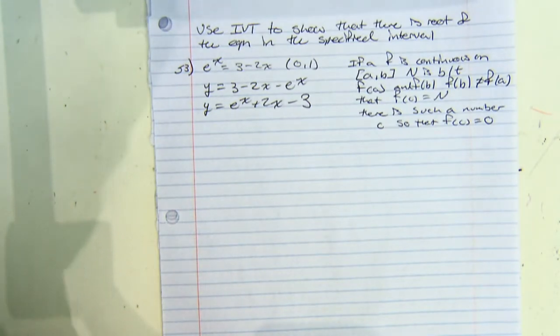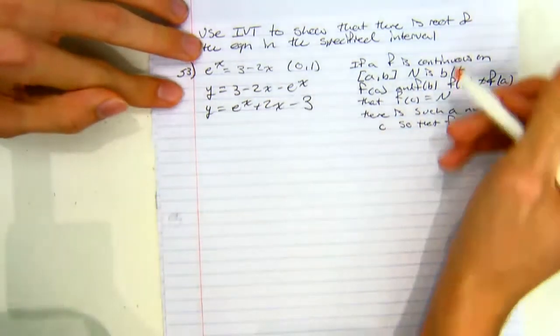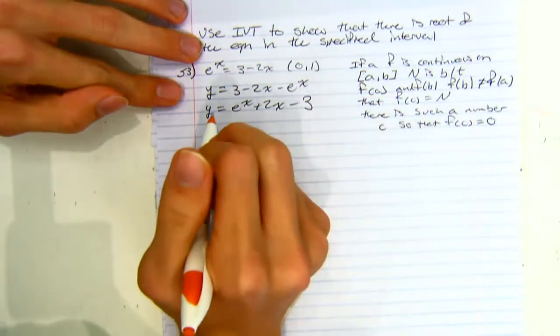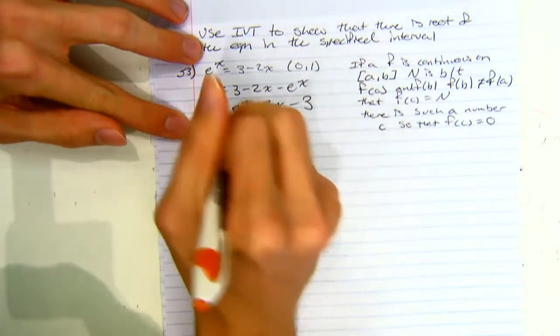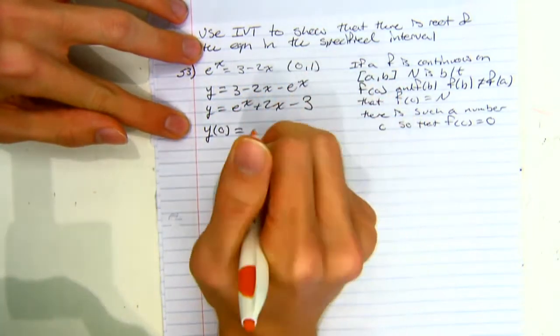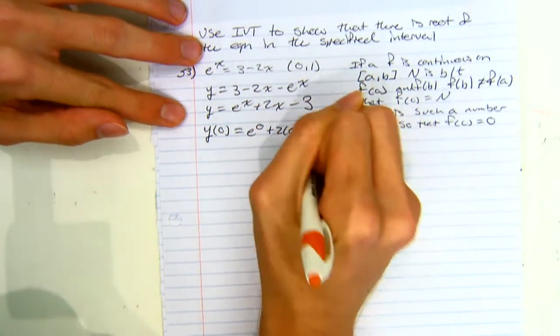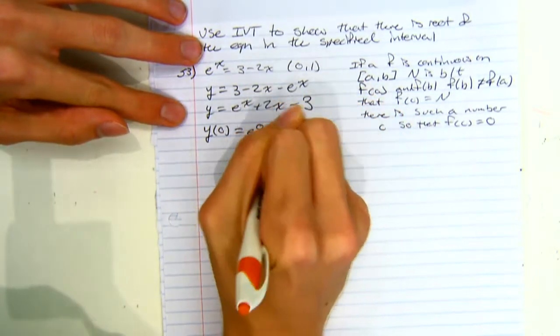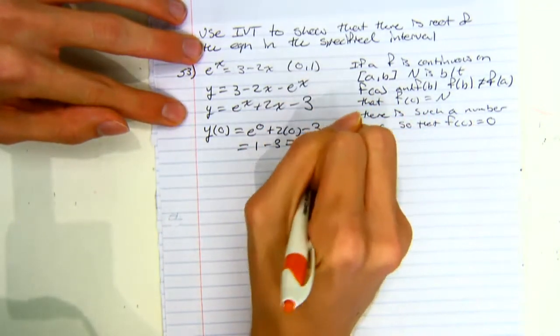All right, so basically going through this, we're confirming the hypothesis. Our a is 0, so we plug that one in, which is equal to, what is it, -2?